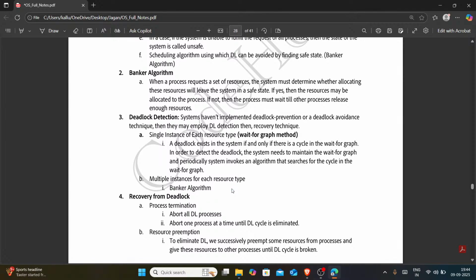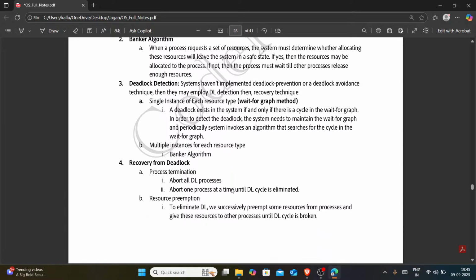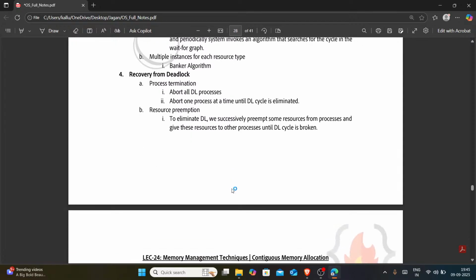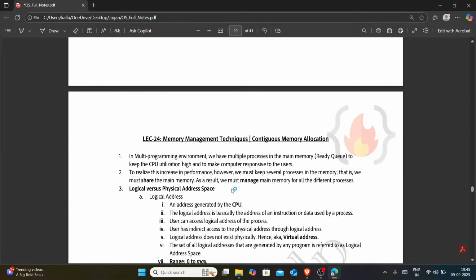Recovery from deadlock is done by process termination or resource preemption.